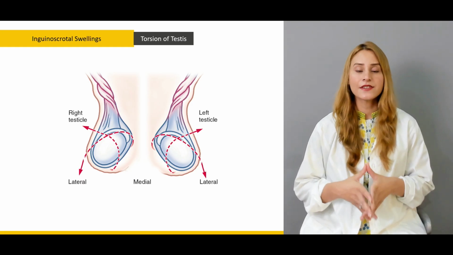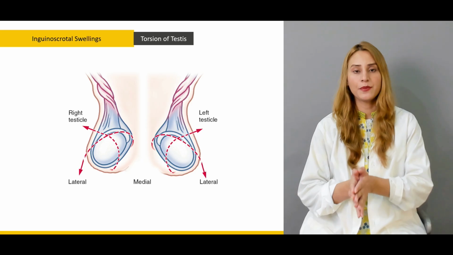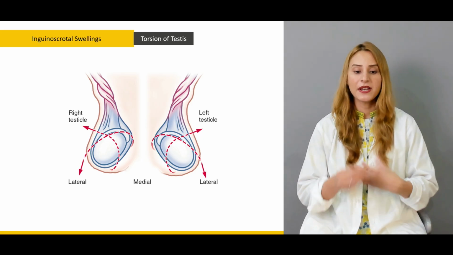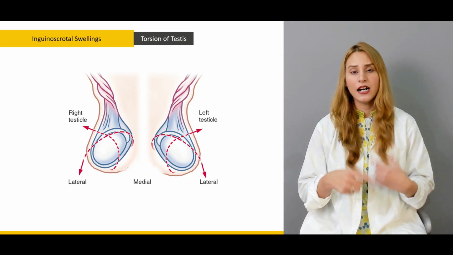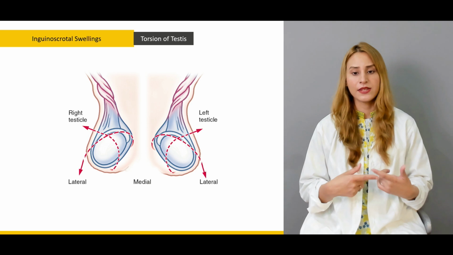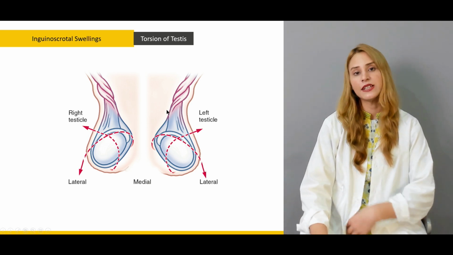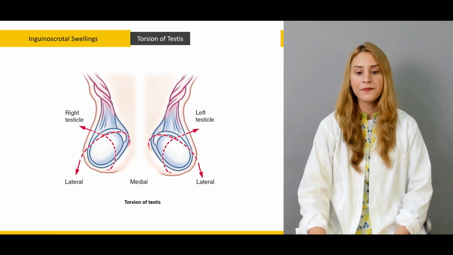So torsion is an emergency, and you have to shift the patient urgently to the operation theater and perform the surgery, because in torsion the testes are twisted around the cord. So that's a surgical emergency. So in case of inguinoscrotal swelling, it can be a torsion as well.